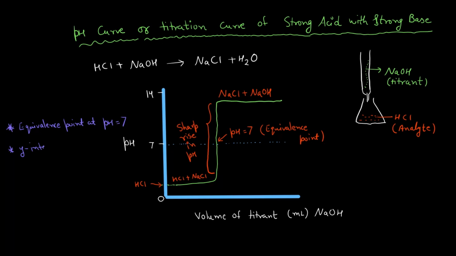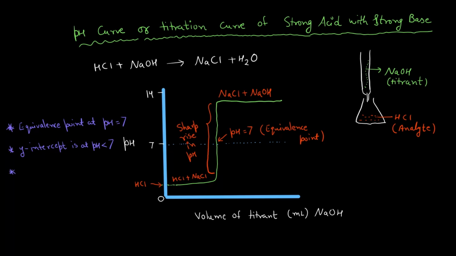Y-intercept in this graph means where this curve crosses the y-axis. So the y-intercept is at pH less than 7, because our analyte is a strong acid, so it starts from a very low pH.